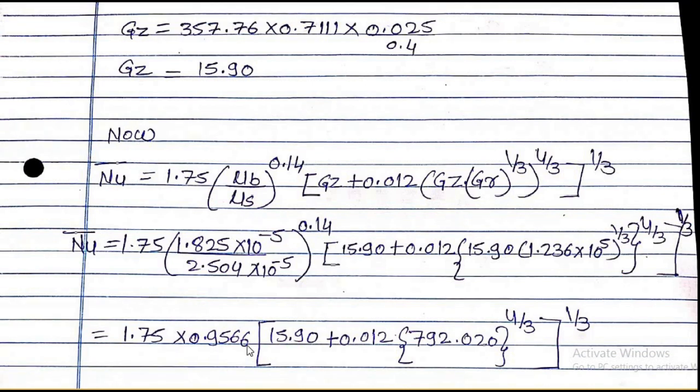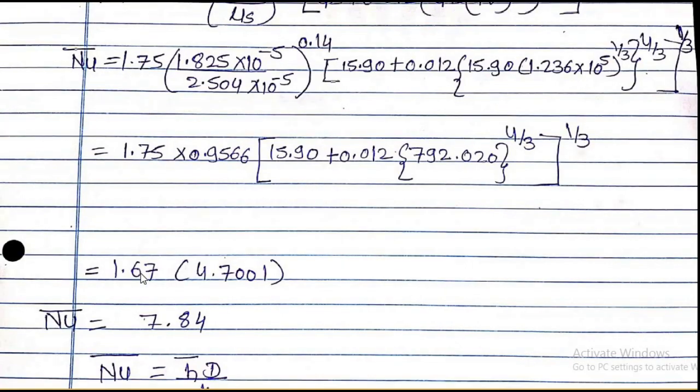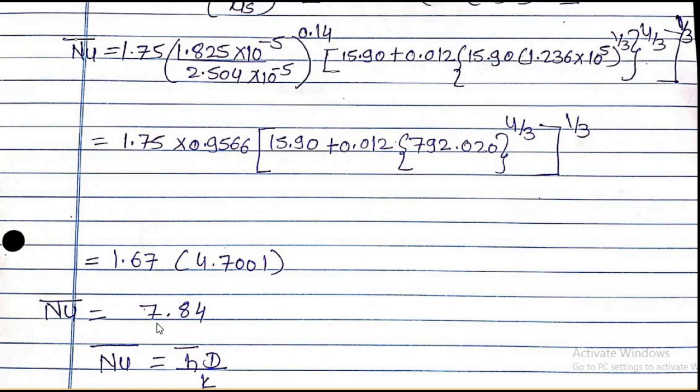So we get 1.75 multiplied by 0.9566 into bracket 15.90 plus 0.012 in a curly bracket 792.020, curly bracket complete raised to 4 by 3, square bracket complete raised to 1 by 3. So the Nusselt number equals 1.67 into bracket 4.7001, and the average Nusselt number value we get is 7.84.